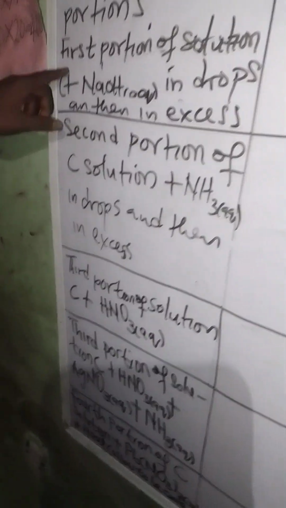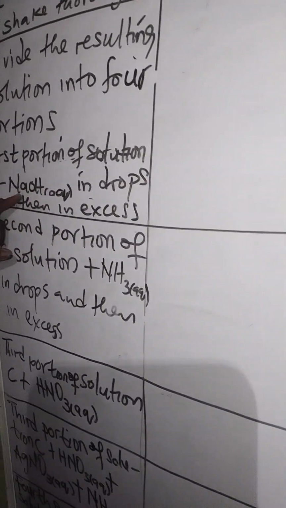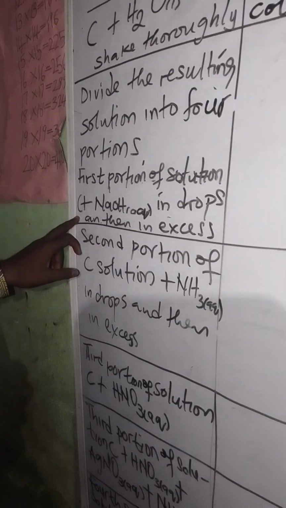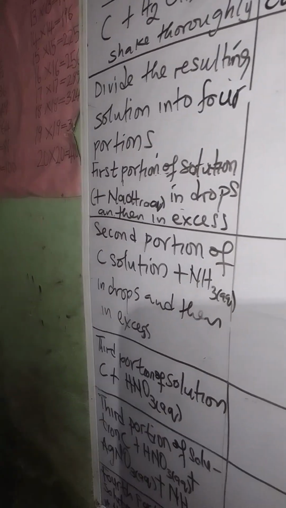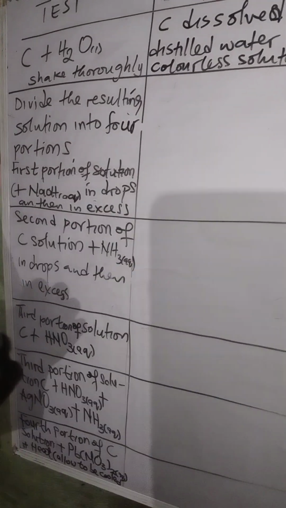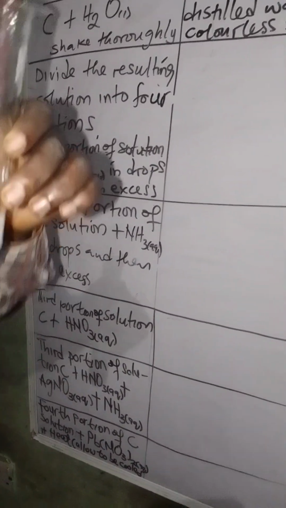They say to the first portion of solution C, add NaOH in drops. With me here is NaOH. If I add it in drops, let's observe what happens.